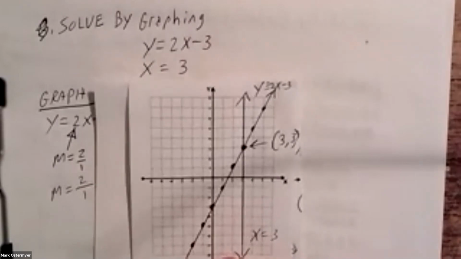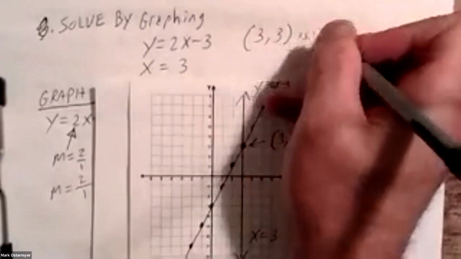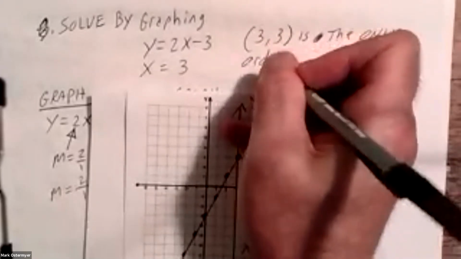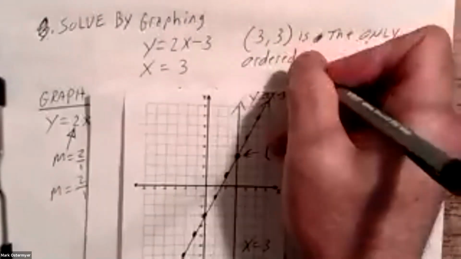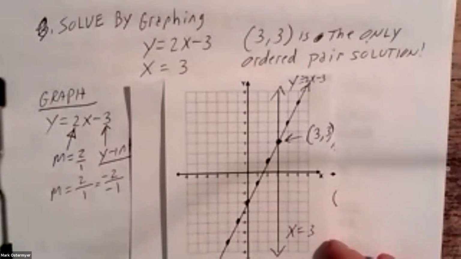So there we have it. It appears that 3, 3 is the only ordered pair solution, correct? It's the only ordered pair solution, 3, 3. That one makes sense there.